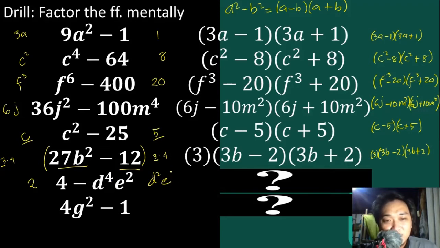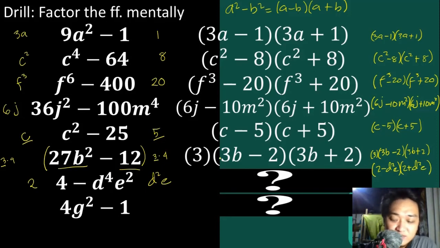No need to write 1. So the a term is 2 at ang pinaka b term natin is d squared e. So what will be our factor? Our factor will be 2 minus d squared e times 2 plus d squared e.